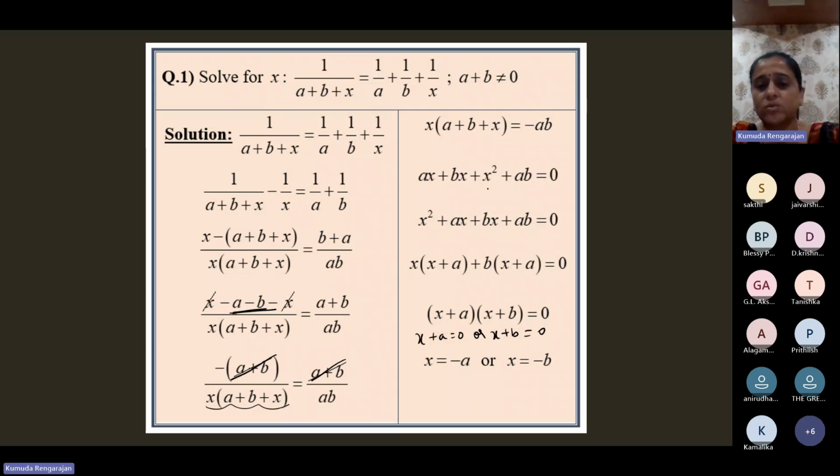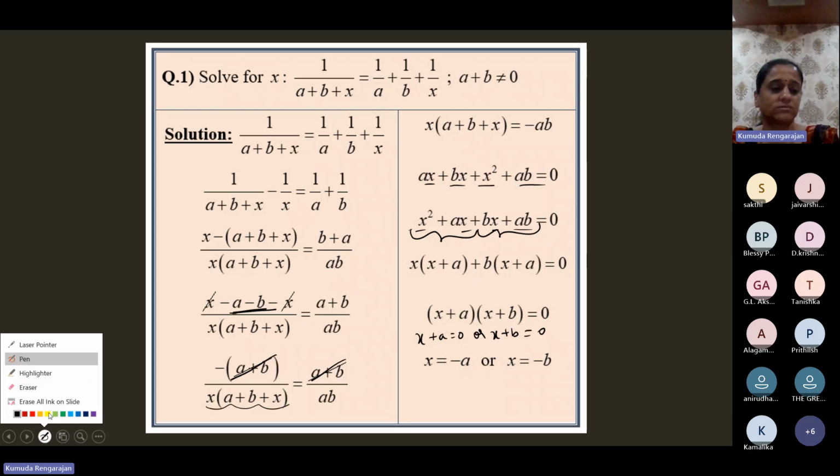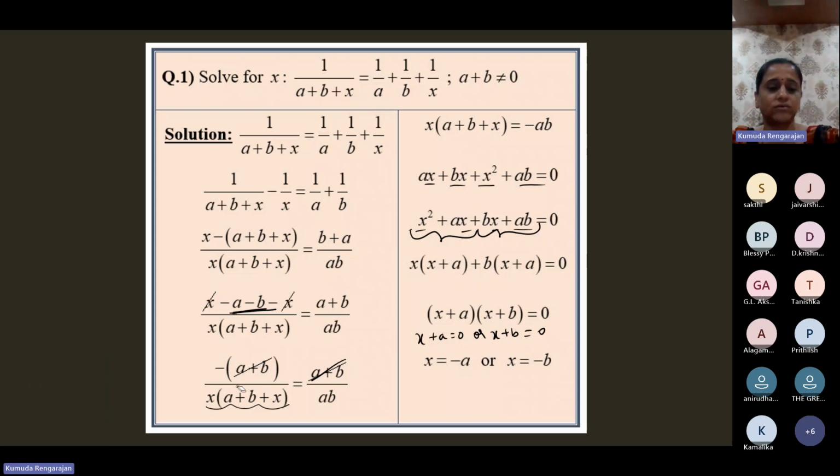And we observe that there is one x squared term, two x terms, and one constant. So we arrange the terms in that order, x squared, x, and constant. And when we have terms of this kind, we can solve by grouping. So group the first two terms and the last two terms. And yes, you get the values of x.